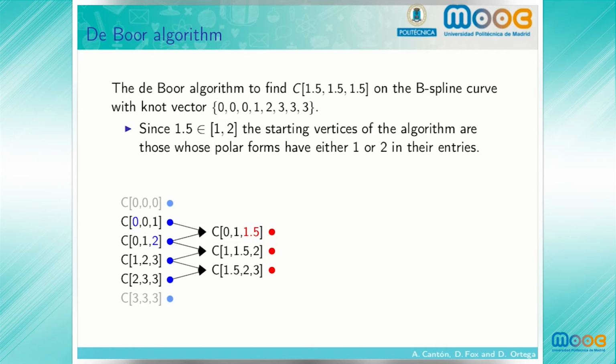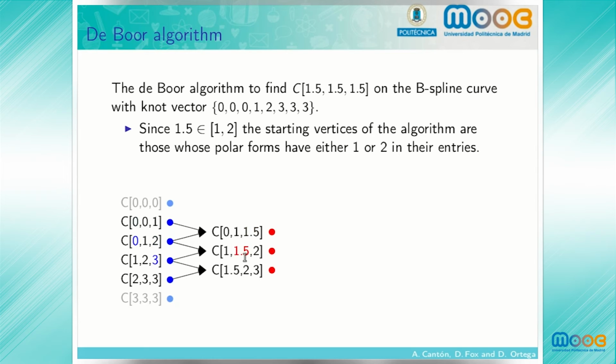So in the first stage of the de Boor algorithm, from these initial 4 points, we obtain 3 points. Each of them will have 1.5 as one of their entries. You can observe it here, here, and here. The first point of the first stage is obtained as a barycentric combination of these 2 points. That means this point lies on the line segment defined by these 2 points in the same proportion as 1.5 lies between 0 and 2.